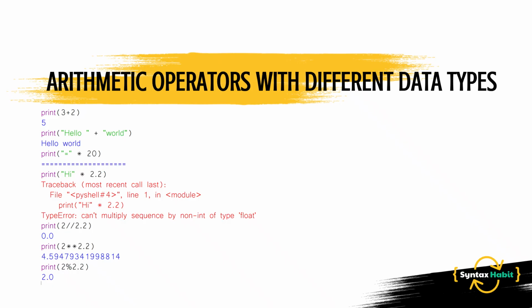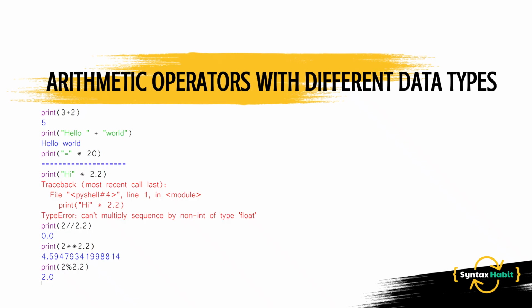When you use the plus operator with strings, Python joins the strings together, so performs concatenation, as you remember. However, both values must be strings. If one value is a string and the other is an integer, for example, Python will return an error.